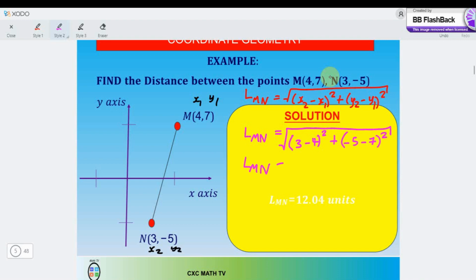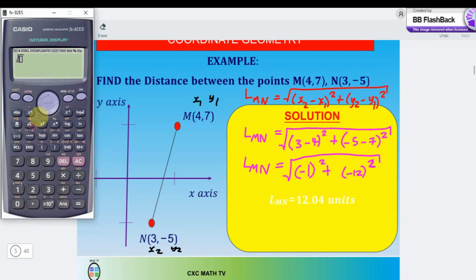So in that case, it's going to be 3 minus 4 squared, that is negative 1, and negative 1 squared is 1, plus negative 5 minus 7 is negative 12, and we're squaring that. So just in case you want to see the full working, you can put that into your calculator: square root of negative 1 squared plus negative 12 squared. In that case, you get 12.04. So the distance between M and N is 12.04 units.